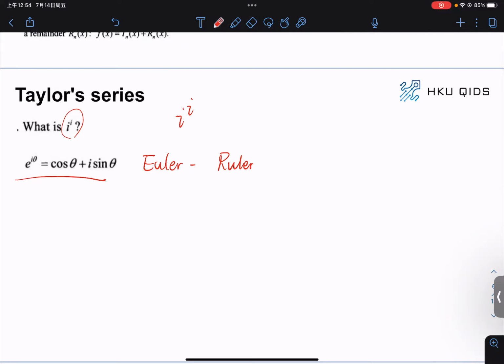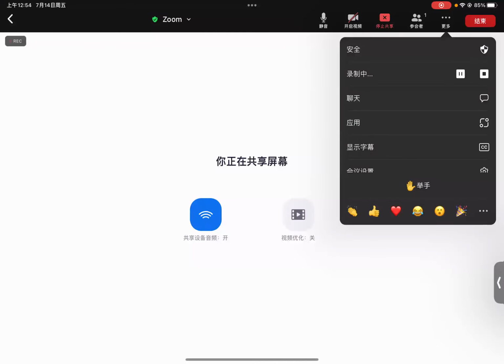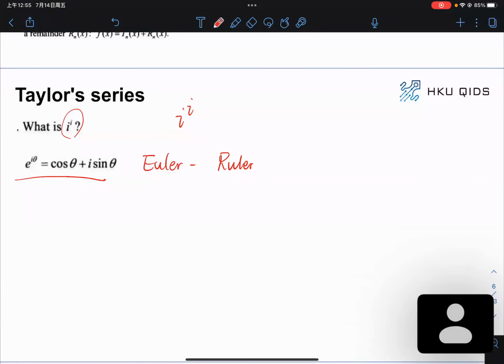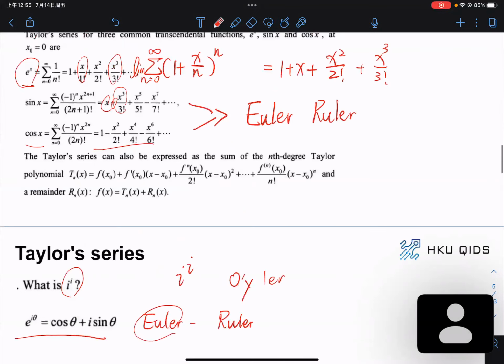So for this Euler's rule, how could we prove that? Well, it's actually quite easy, because we already have this one, right?